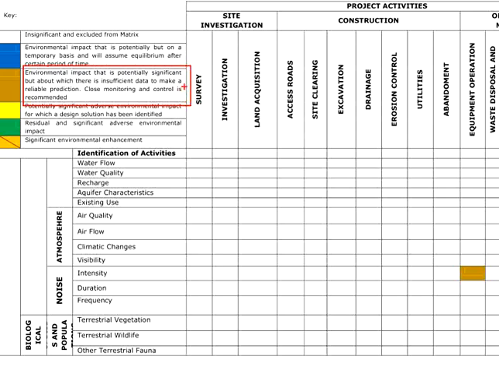Close monitoring and control is recommended. Yellow color, potentially significant adverse environmental impact for which a design solution has been identified. Green color, residual and significant adverse environmental impacts, and then significant environmental enhancement.